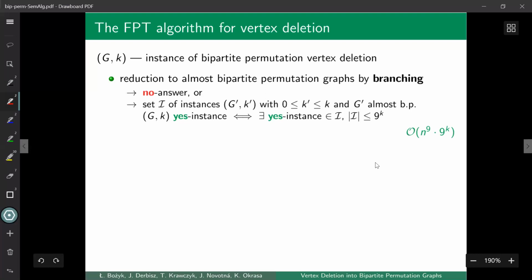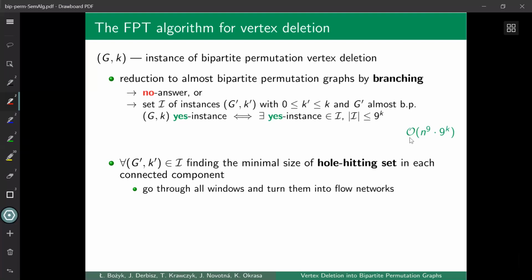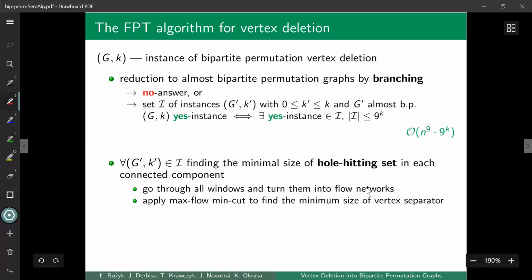And after we reduce this to this set of small instances, say we have this instance with smaller budget and almost bipartite permutation graph, we know that each connected component has this structure of a cylinder or Möbius strip. And so we can build this structure along the shortest hole, define these orderings, and then go through all the windows, turn them into flow networks, and apply flow algorithm to find the minimum size vertex separator from left to right.